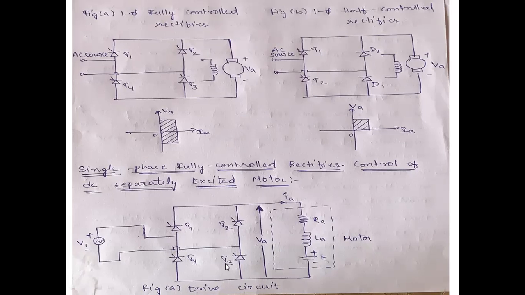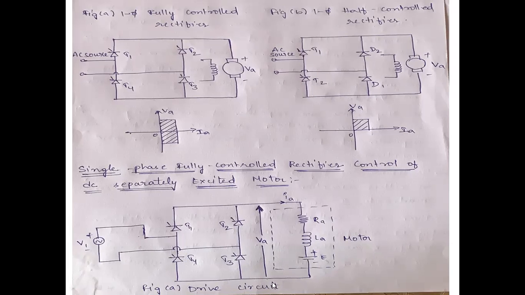If you observe the drive circuit, you have 4 thyristors: T1, T2, T3 and T4. In the positive cycle T1 and T3 will be conducting, and in the negative cycle T2 and T4 will be conducting. So every time 2 thyristors will be on and 2 thyristors will be off.